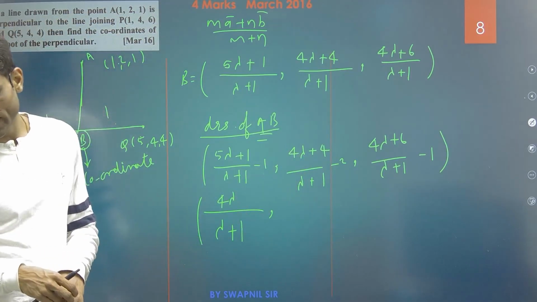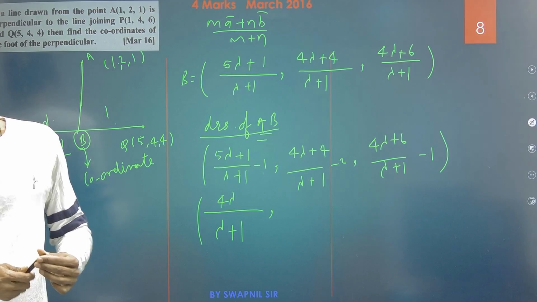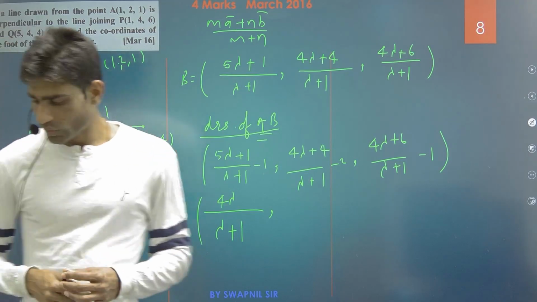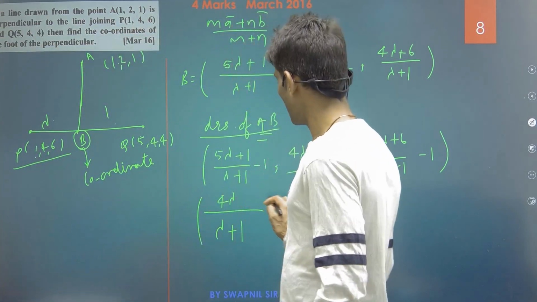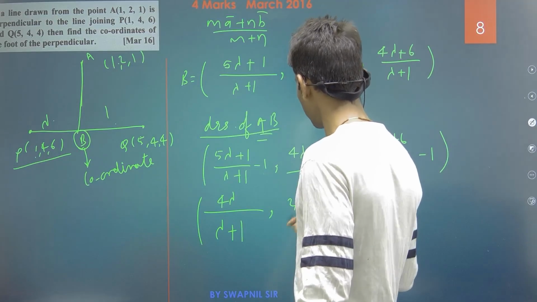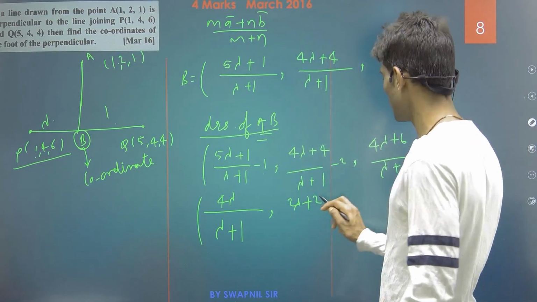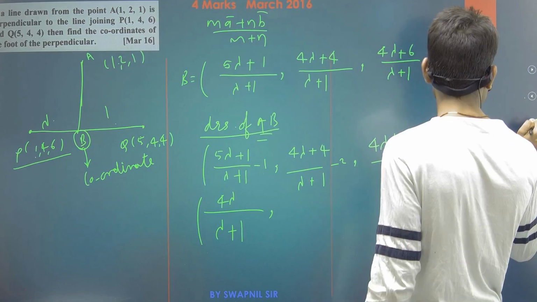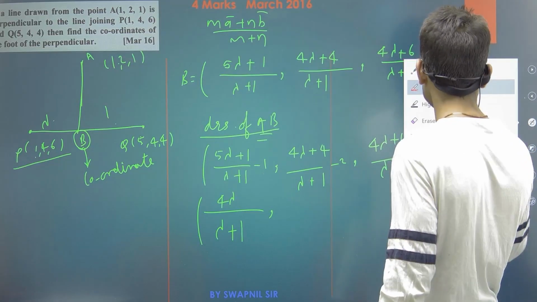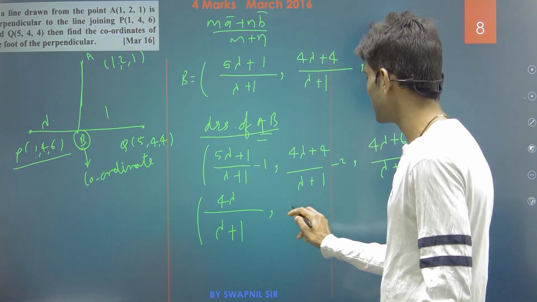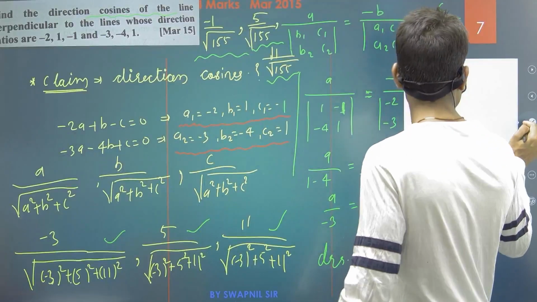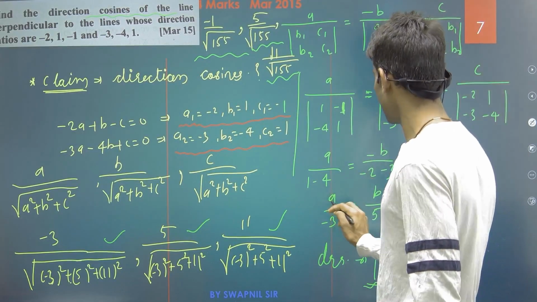Next step we will get 2 lambda plus 2. Let me write it again, 2 lambda plus 2. I'm writing this calculation as I have solved it before, because these are time taking.